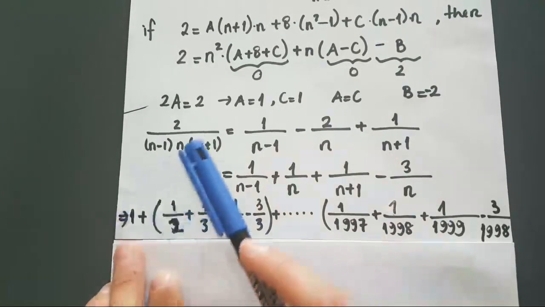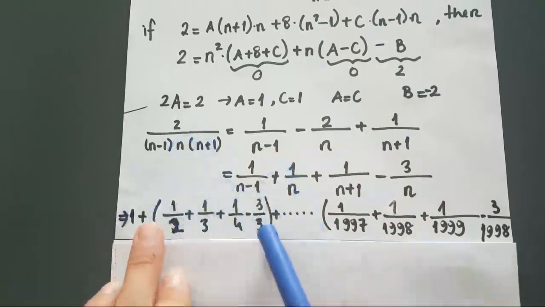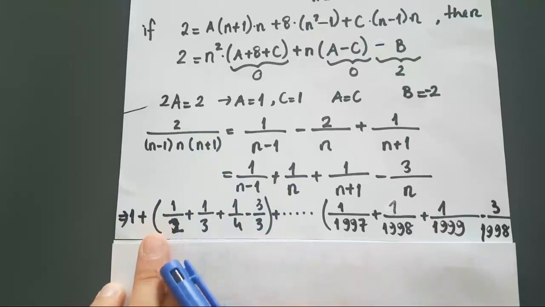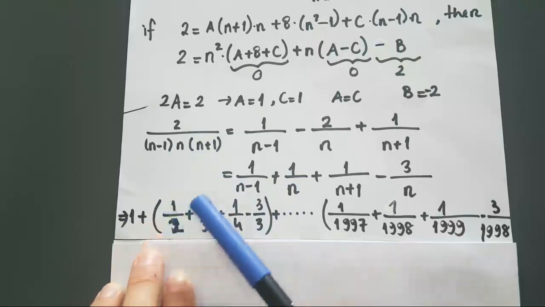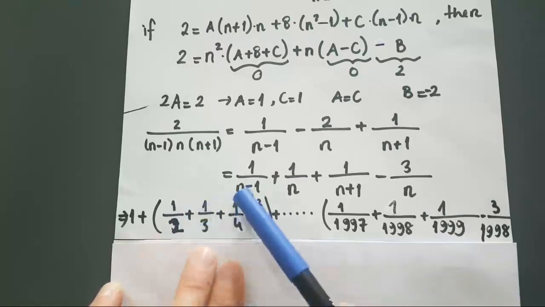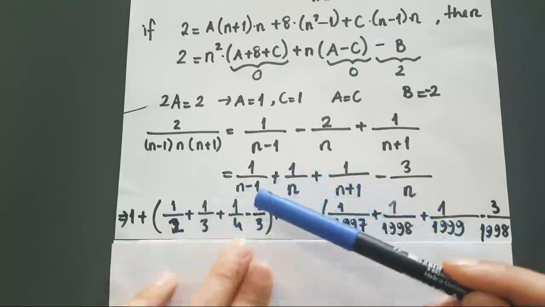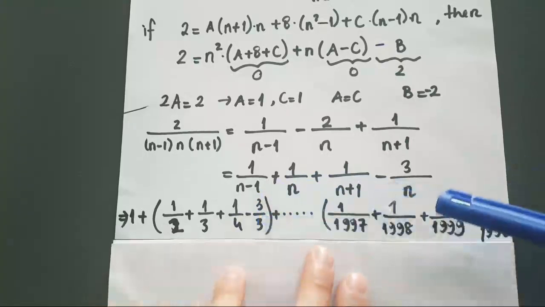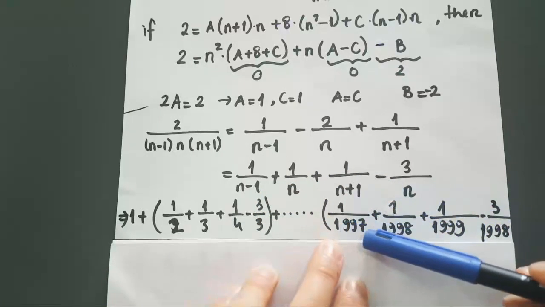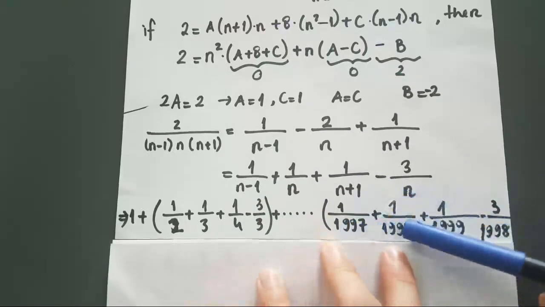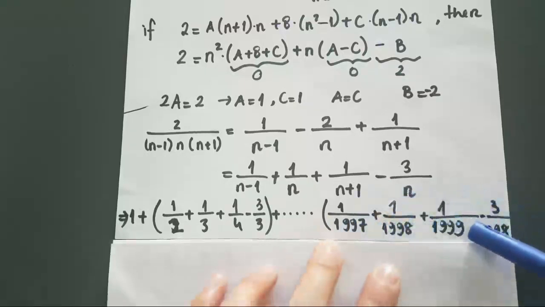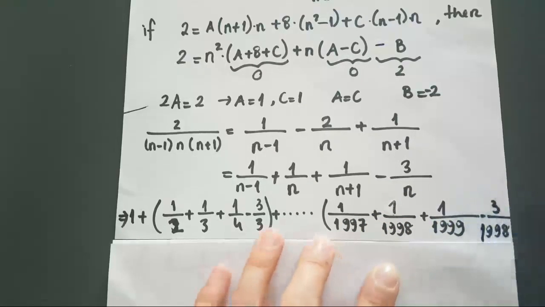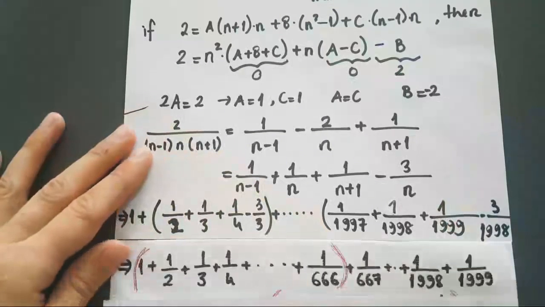The first one I just copied. The second one, 2 over 2 times 3 times 4, can be written in the form of 1 over 2, 1 over 3, 1 over 4 minus 3 over 3. And the last one can be written in the form of 1 over 1997, 1 over 1998, 1 over 1999 minus 3 over 1998.